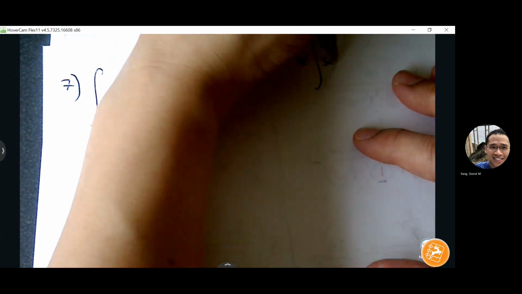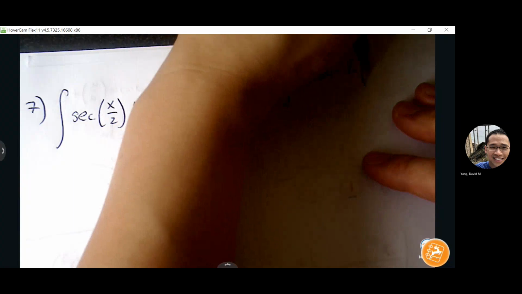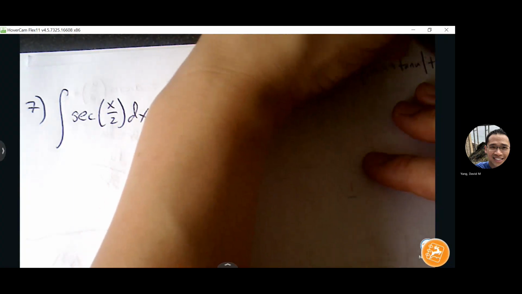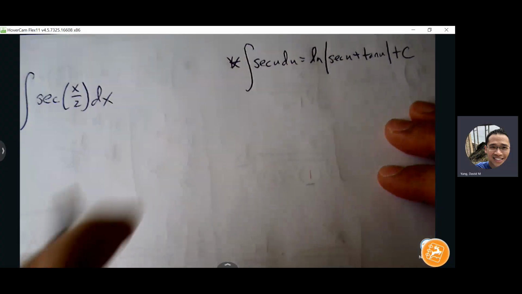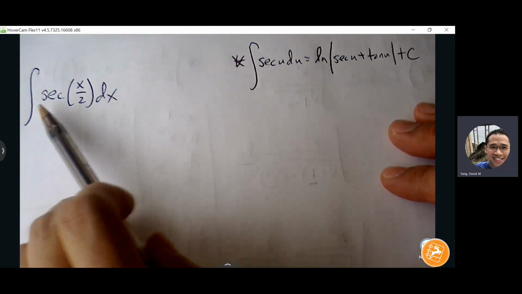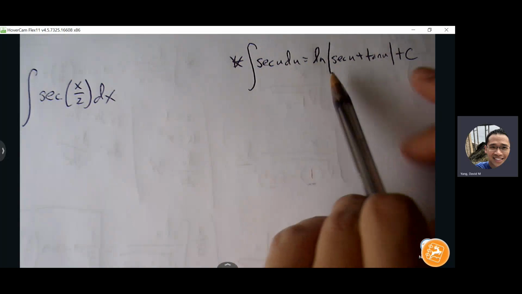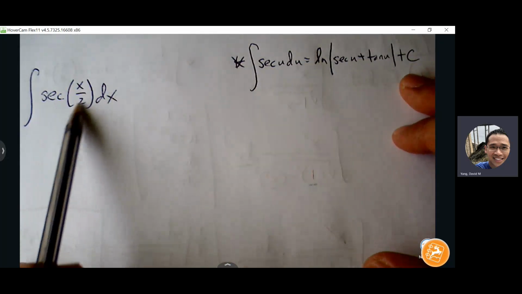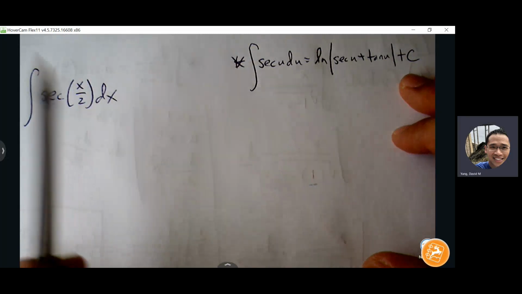So we know that we're going to target this rule here. But it's not just an x, right? If it was just secant of x, we could jump directly in without doing anything. But here, this is more than an x, so we've got to go through what? U substitution.